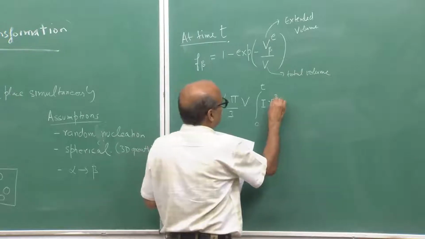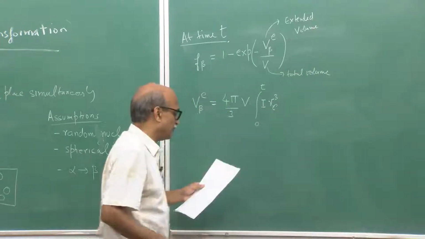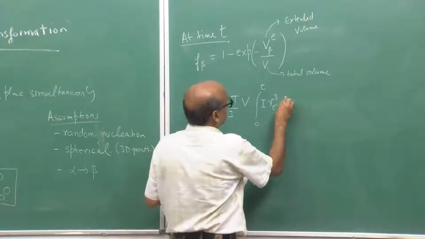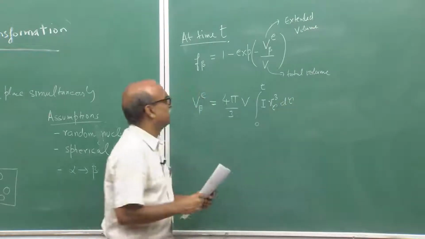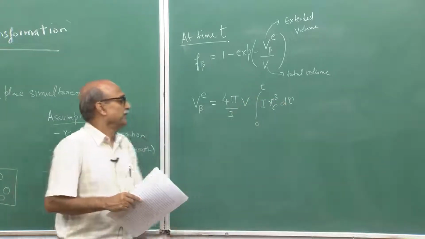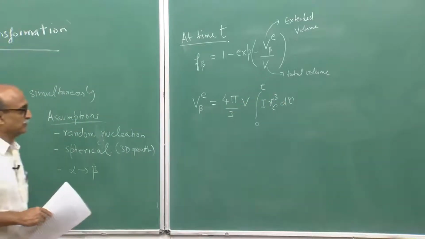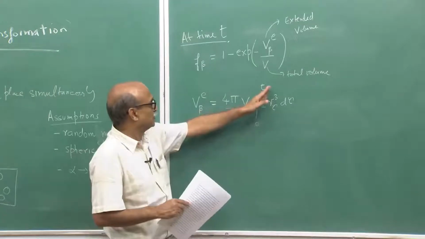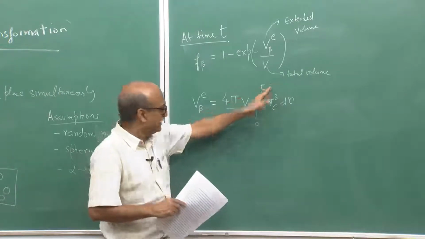So, r tau cubed, that is coming from the volume of the particle, times d tau. So, you are integrating all the nuclei that are formed throughout continuously as the transformation is progressing. So, tau is varying from 0 to the instant of time t.